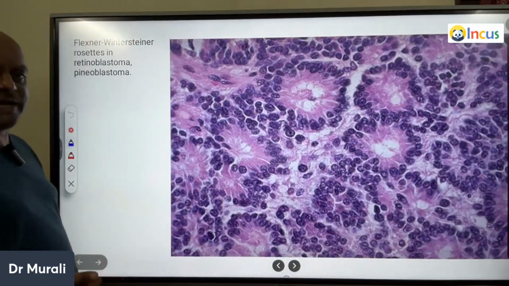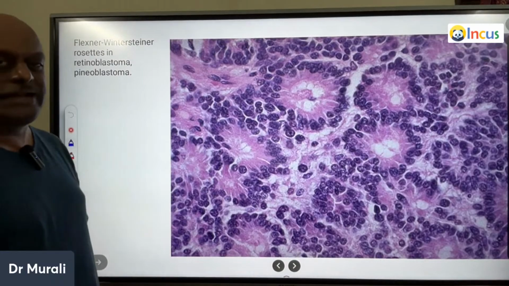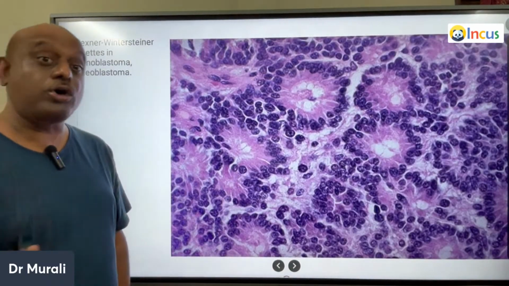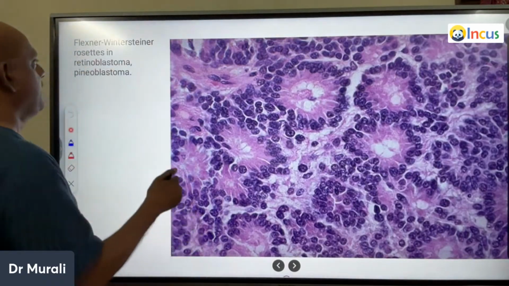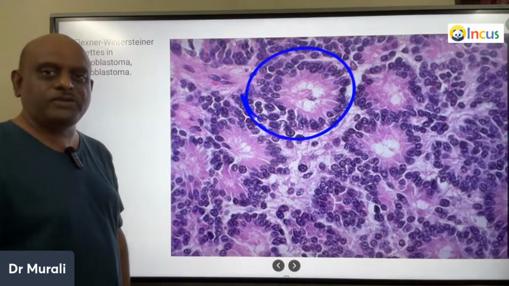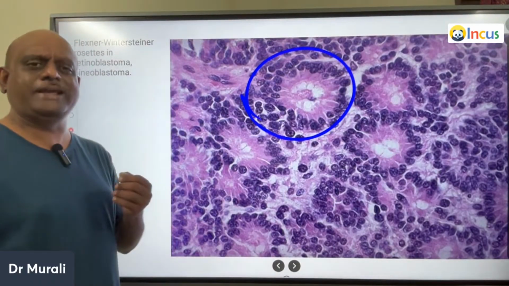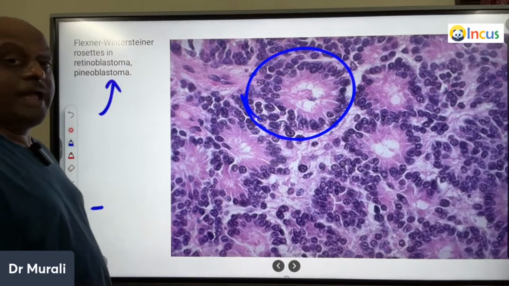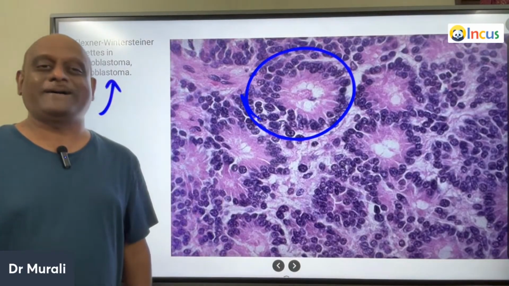Then there is another rosette that is often asked in the NEETPG exam as a histopathological thing in the ocular pathology, is Flexner-Wintersteiner rosette. So where do you see Flexner-Wintersteiner rosette? We see it in the case of the retinoblastoma and pinealoblastoma.